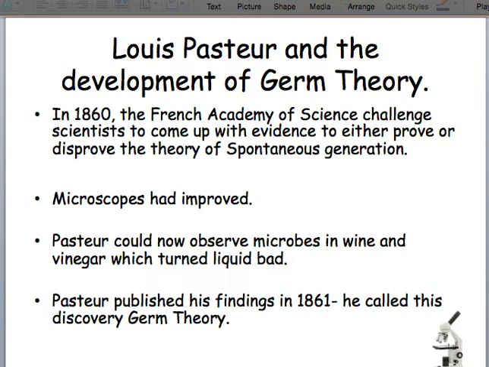And as I've mentioned before, by the middle of the 19th century, so we're talking the 1800s here, microscopes had improved, and it was possible to magnify substances such as microbes. And because of this, Louis Pasteur, a French scientist, was able to observe unwanted microbes in wine and vinegar, which turned both liquids bad.